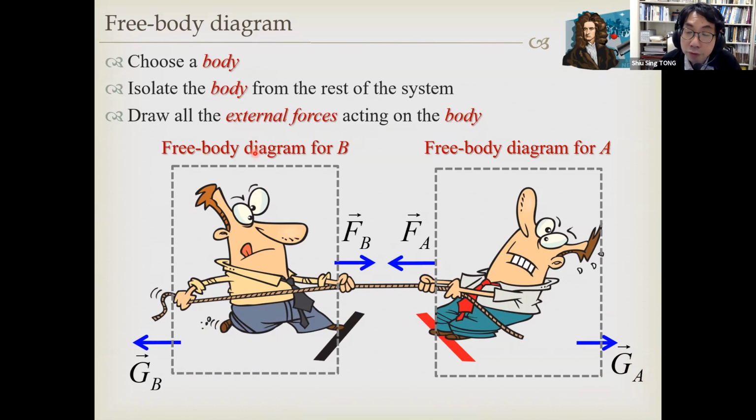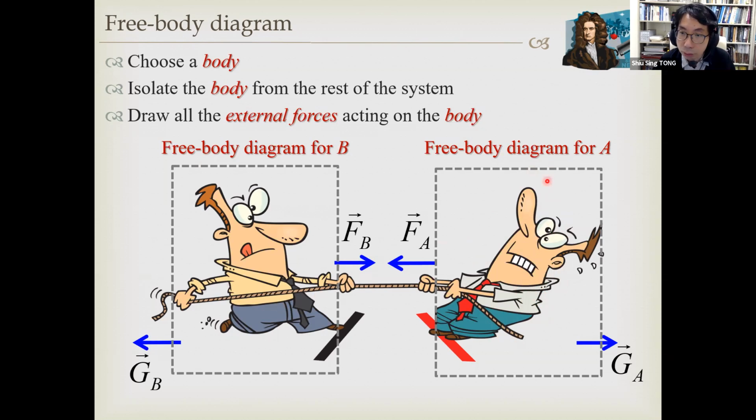Now, when we draw a free-body diagram, we actually choose a body. You can choose the two persons as a whole, or you can choose to draw the free-body diagram for person A only, or you can choose to draw the free-body diagram of person B only.